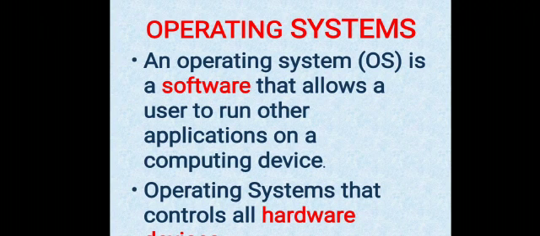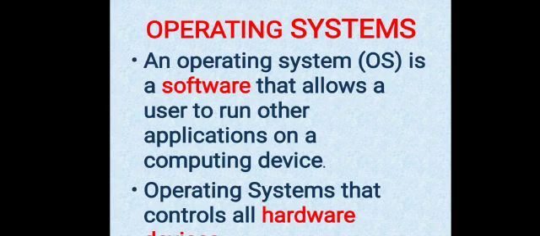An operating system is a software that allows the user to run other applications on computer devices. So operating system is one of the software. Then operating system controls all the hardware devices. Okay, operating system will do what?